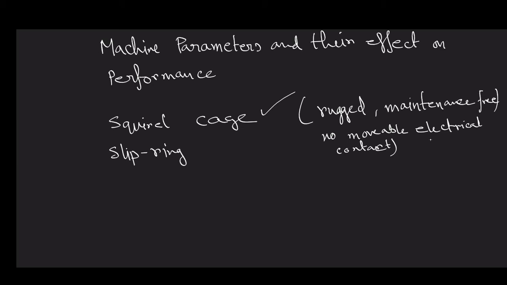However, the squirrel cage induction machine has certain drawbacks. What I discussed in my circle diagram lecture is that the stable operating region is between slip equal to 0 and the slip for which maximum torque occurs.